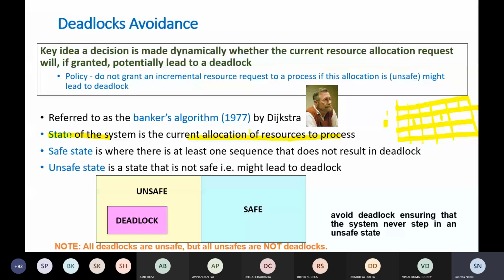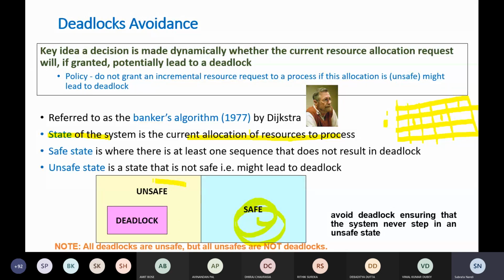Otherwise the policy can be that the requesting process should be suspended for some time. That means the process will not be suspended forever, because the state the system is currently in is a safe state. So from the safe state, definitely some process will complete and release resources, and the suspended process will get a chance. So if it is a safe state, there is no question of deadlocks.